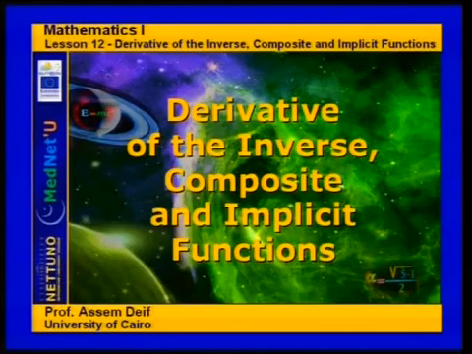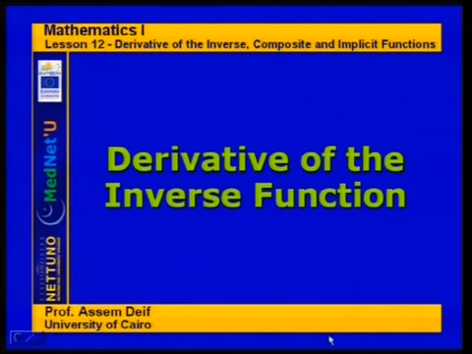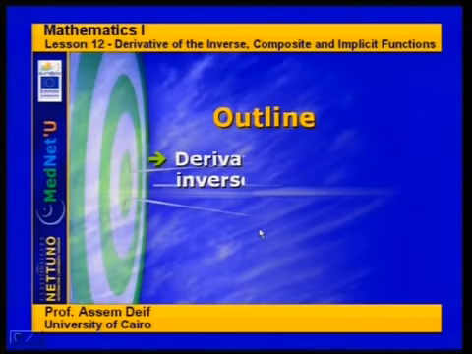In this lesson, we are going to present these kinds of notions, like the derivative of the inverse function, along with other notions as well, like the derivative of implicit functions and parametric functions, and so forth. So we shall speak first about the derivative of the inverse function.